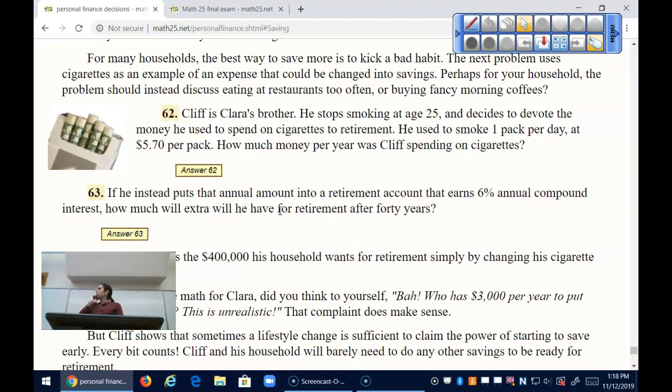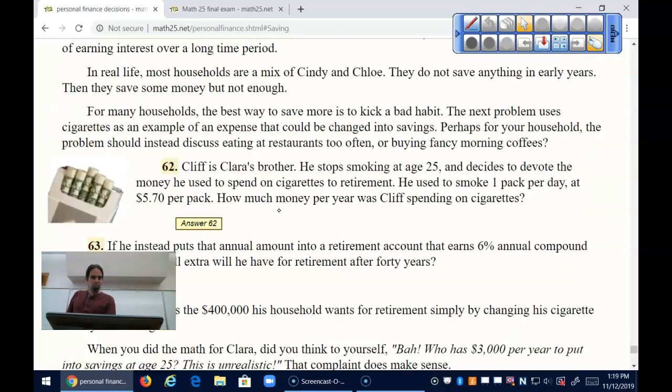Then you would say, well, that's all well and good, but where am I going to get $3,000? So we'll look at Cliff. He stops smoking and just spends his pack-a-day money on sum of annuity due retirement. We'll see what he gets. And then we'll talk more. So that's your preview for what's coming next. Any last questions?